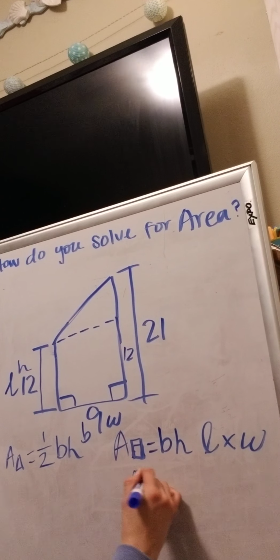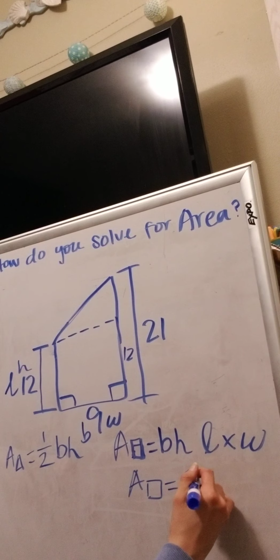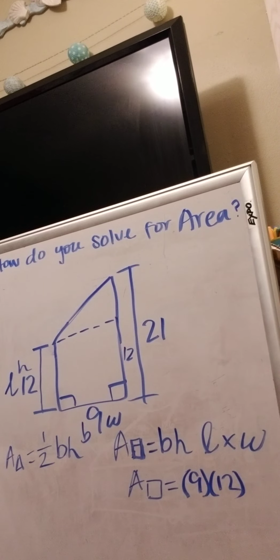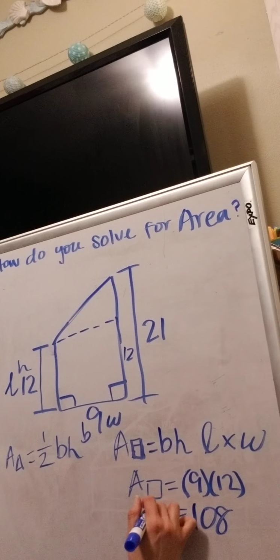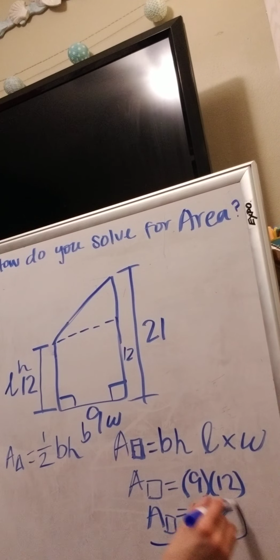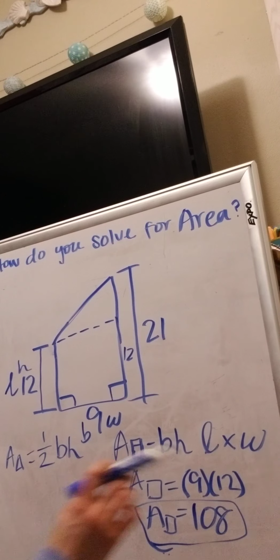So the area of our rectangle is base times height, so 9 times 12. 9 times 12 gets us 108. So there's that part.